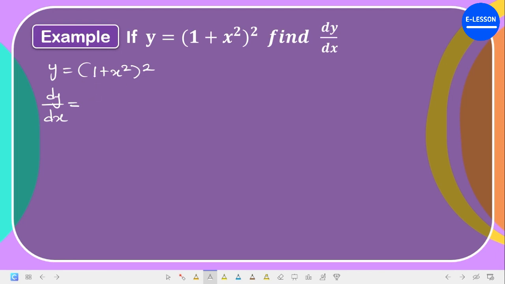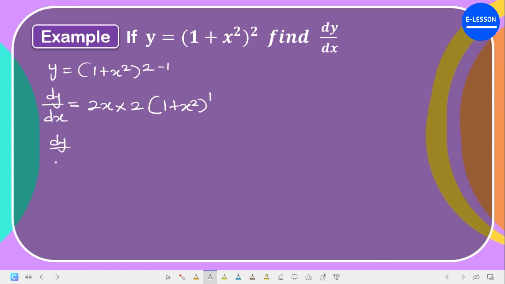If you differentiate 1, it will give us 0, plus differentiate x squared, this will give us what? 2x. Then multiply by what is in the power here, which is times 2. Write what is in the bracket again, 1 plus x squared. Subtract 1 from the power, 2 minus 1 is 1.